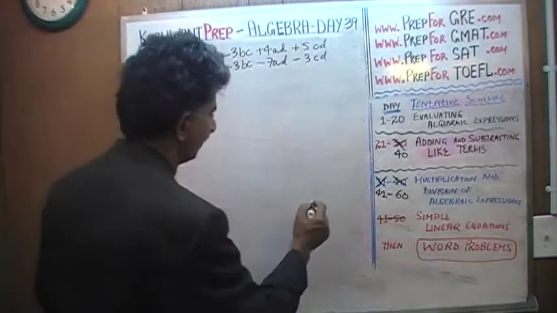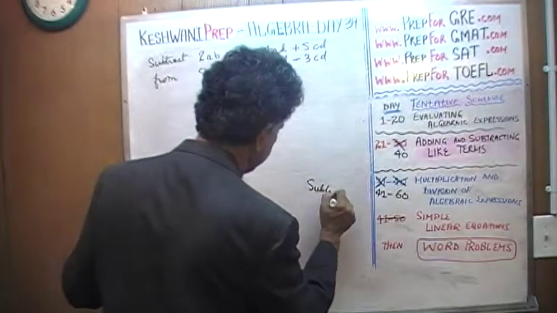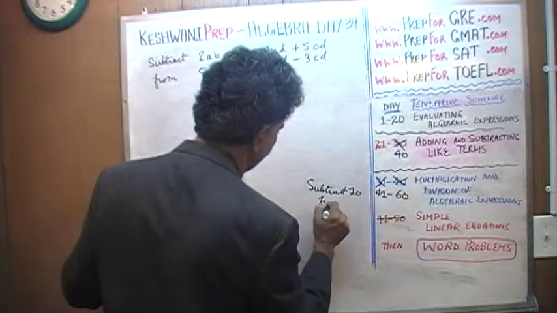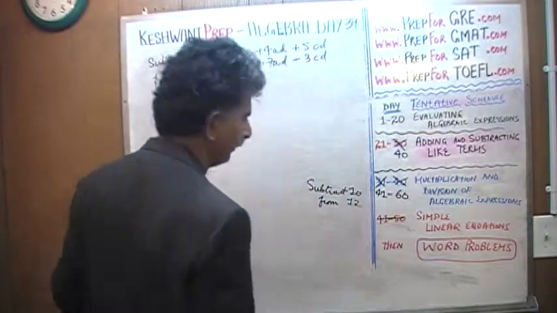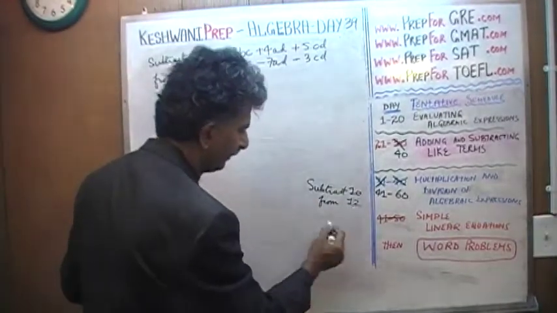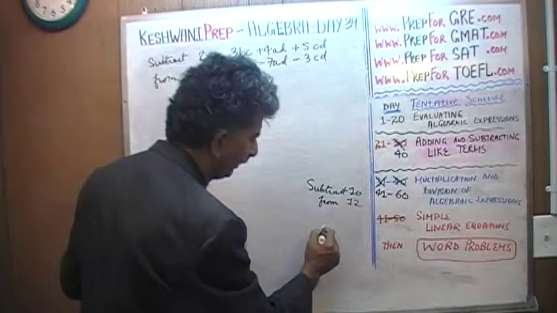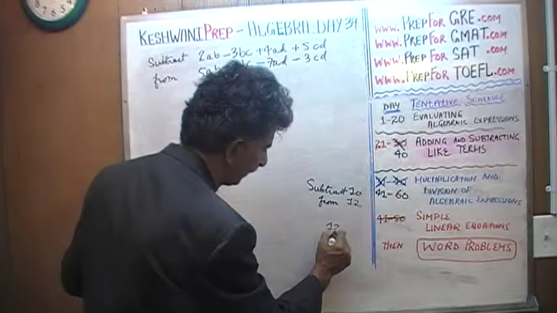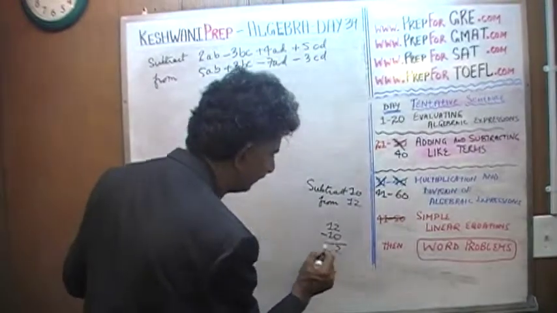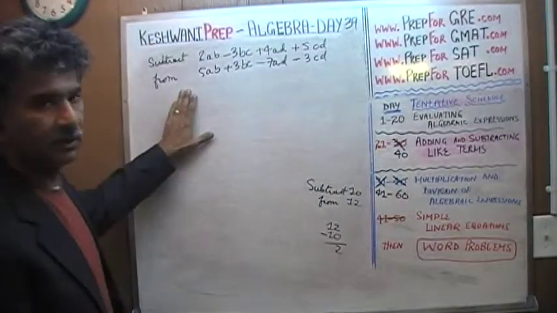For example, if you're told to subtract 10 from 12, that's the question here. Even though this 12 appears at the bottom, in order to do what we are told, subtract 10 from 12, we have to write the 12 on the top and then 10 at the bottom, and then subtract. The same exact thing is going on here.